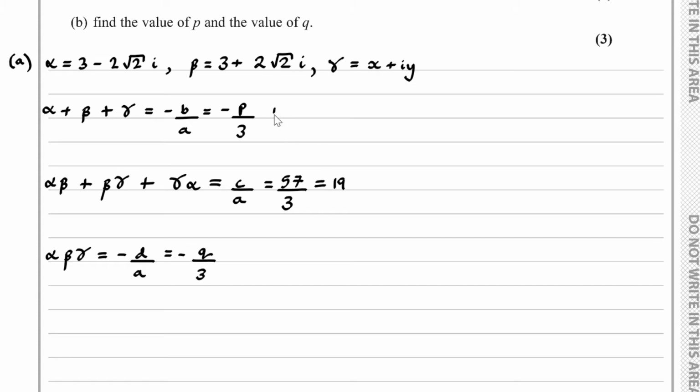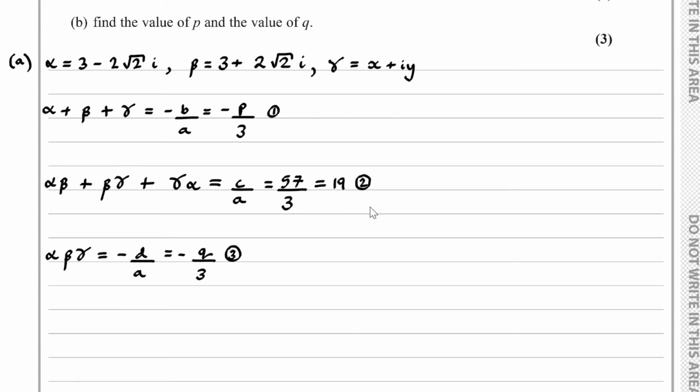Now if I call this equation 1, this equation 2 and this equation 3, we can use equation 2 to find out what x and y are, and then from that we can find p using equation 1 and q using equation 3.